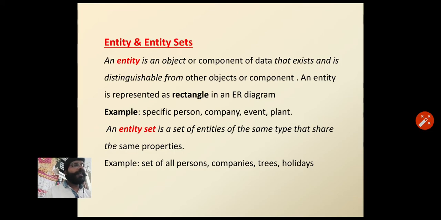An entity set is a set of entities of the same type that share the same properties. That means a group of entities having similar properties is called an entity set. For example, all the persons, all companies, trees, holidays.